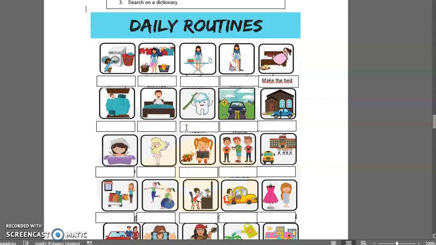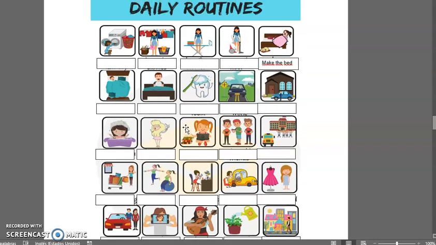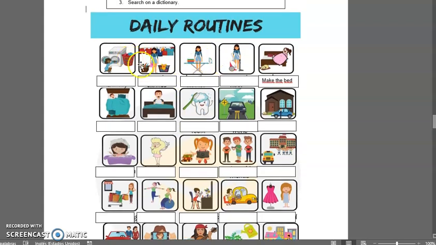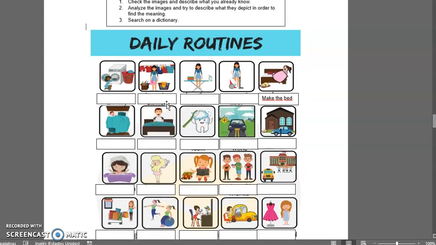Please do this without using your cell phone or any online dictionary. Not until you really cannot grasp the idea. When you feel that you have analyzed and observed the images and you cannot get the meaning, well, that's step number three.